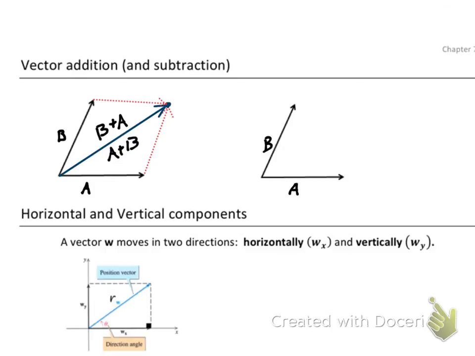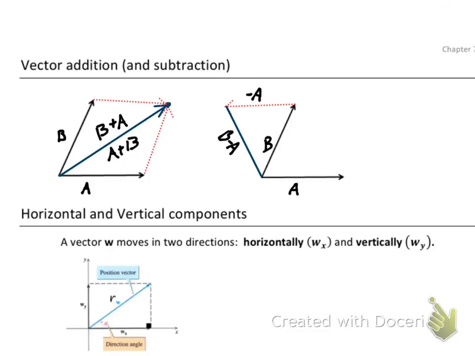So B minus A for a vector is going to look like this. Because that up there is actually negative A. So this line I just created, that line right there, is going to be B minus A.